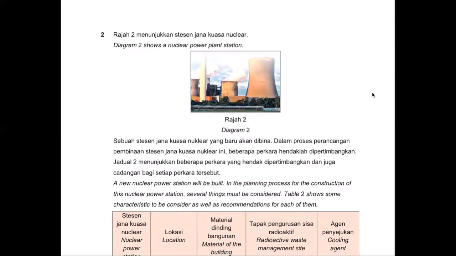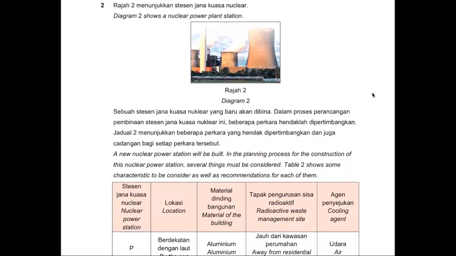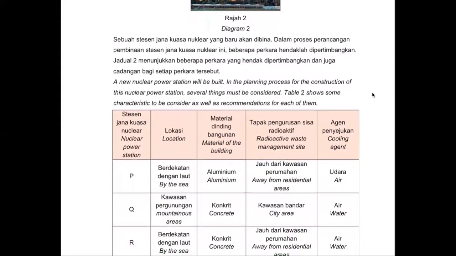Okay, a new nuclear power station will be built. In the planning process for the construction of this nuclear power station, several things must be considered. Table 2 shows some characteristics to be considered as well as recommendations for each of them. So again, you will be given 4 aspects or 4 characteristics for you to choose from.